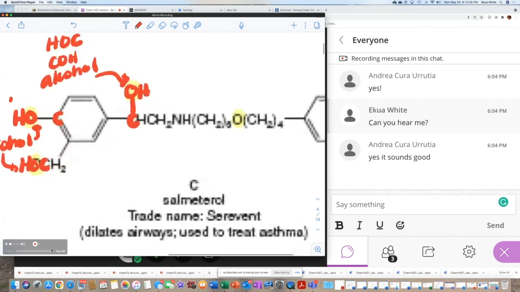Okay, what about this one here? Let me go ahead and draw. I won't really draw it out, but I'll just kind of show you guys. This is a CH2. I think this is 5. Okay, so CH2 and this is 5. And this is attached to an O. Then we got CH2 and then 4.